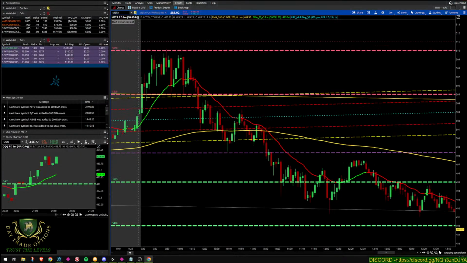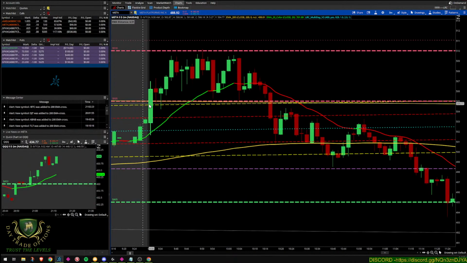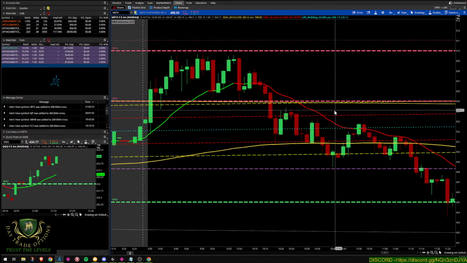It was not a whole lot, but the reason I entered here is we crossed over the LRC, which we also crossed over the 505 level, and which you can't see it, but there's a long LRC, and if you do not know what that is, you can look that up in the videos. I have that in my videos. It's called the long LRC, how to use the long LRC and to set it up.